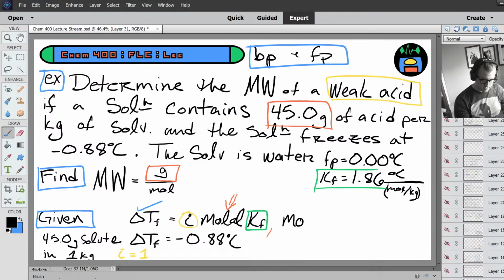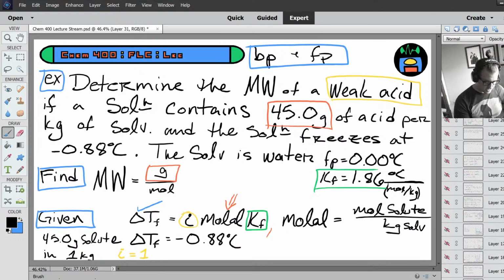Well, molality is equal to moles of solute over kilograms of solvent. Now check this out. This is quite cool.